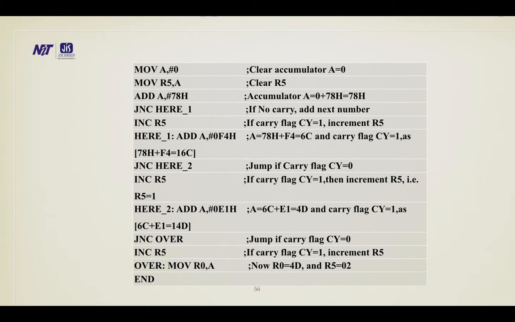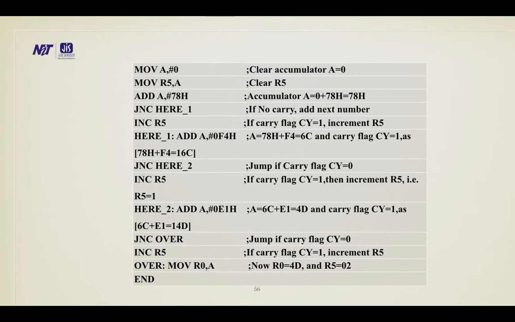JNC here2: jump if carry CY equals 0. But here carry is equal to 1, so R5 is incremented, therefore R5 equals 1. Then ADD A, #0E1H, therefore 6CH plus E1H is 4DH, and carry is 1, so the total value is 14DH.